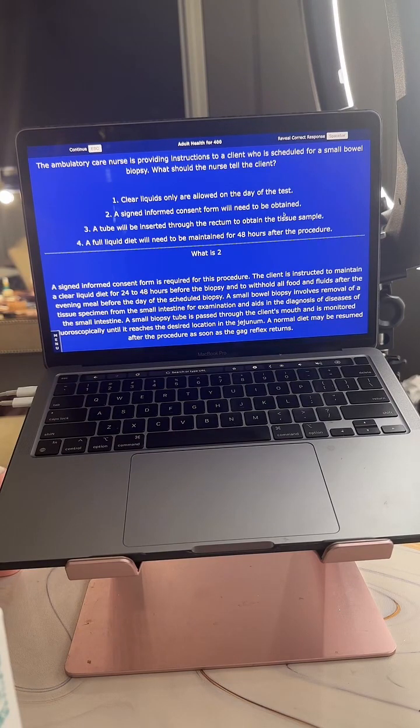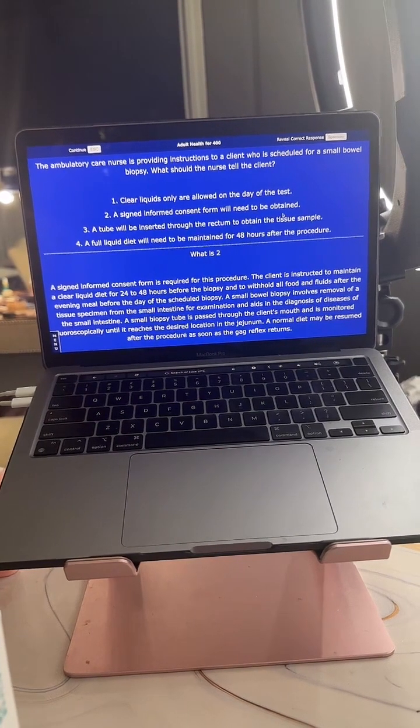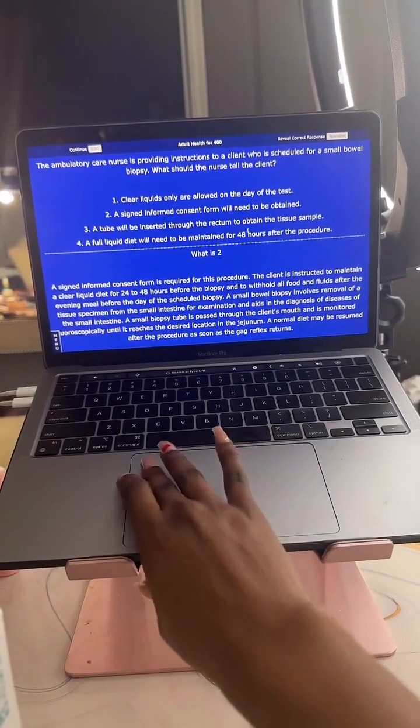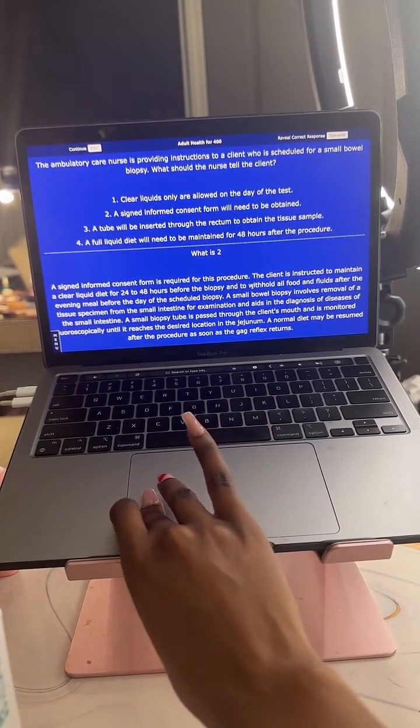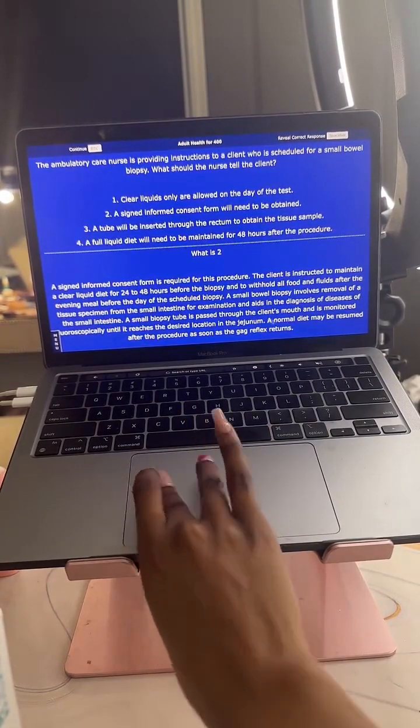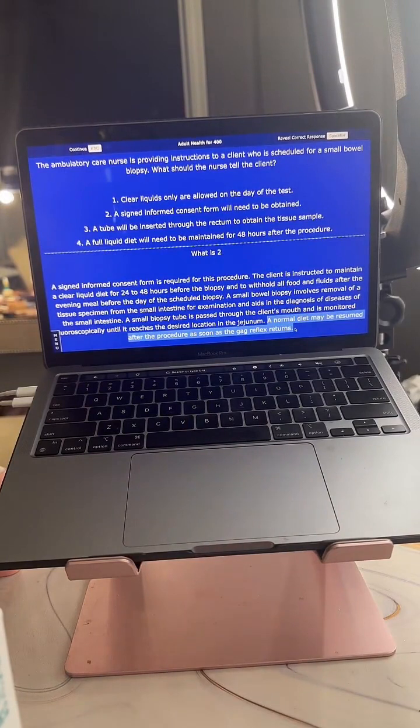That's important. Even though this wasn't the main idea of this question, this last line is very important, and I usually see this on NCLEX exams when they're talking about surgeries. This is something they definitely want you to know because of safety.